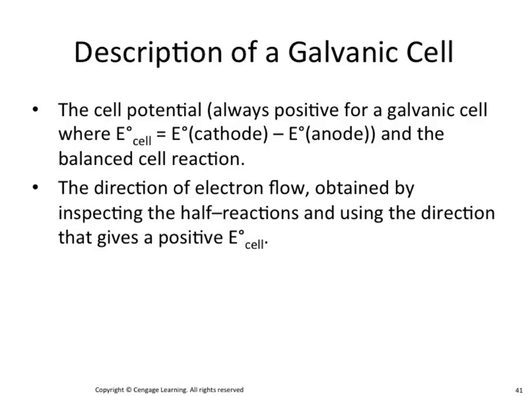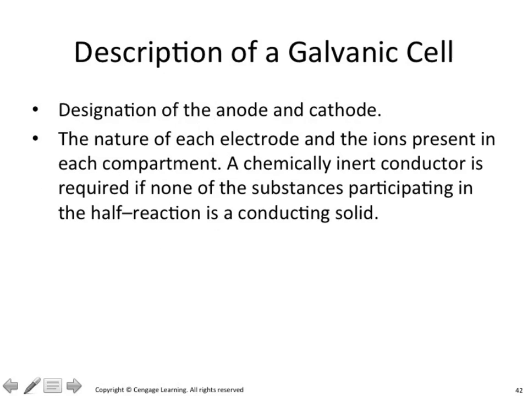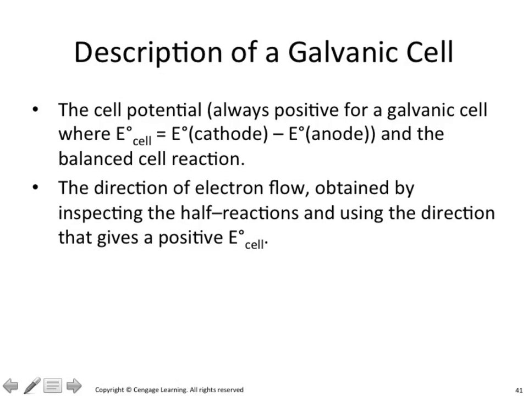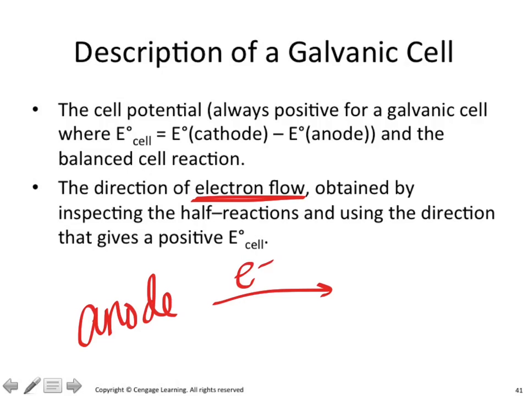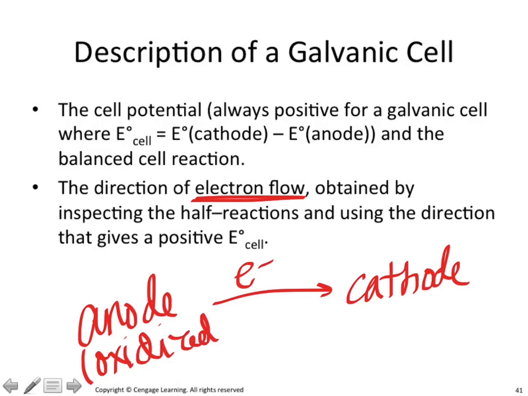So in our galvanic cell, our electrons are going to flow from our anode to our cathode. Anode is the one that is being oxidized. Cathode is the one that's being reduced.